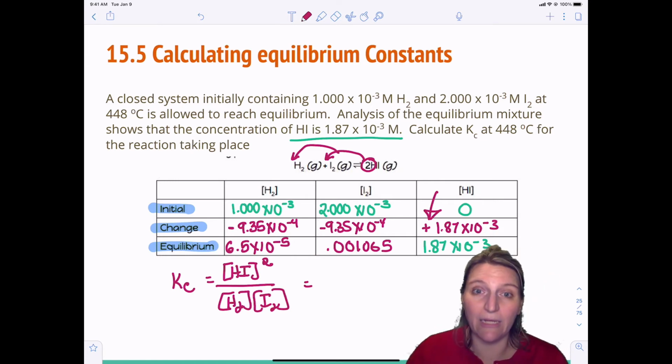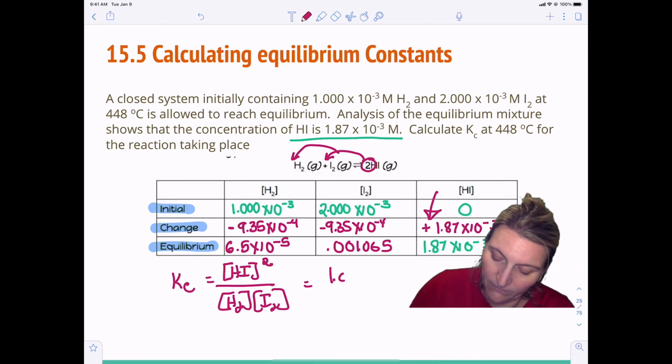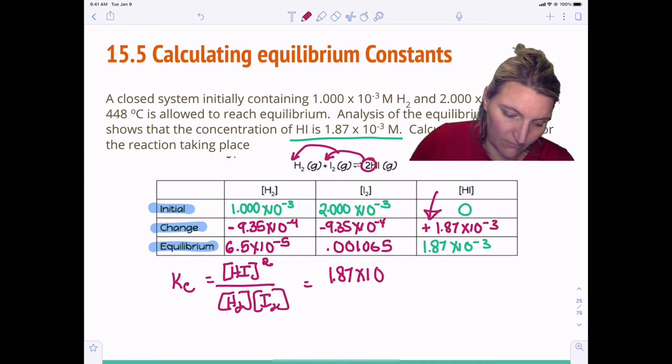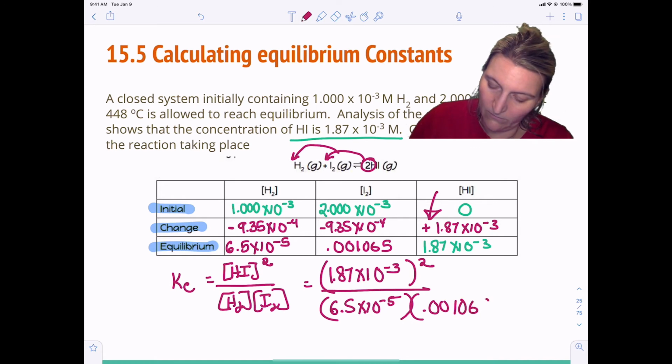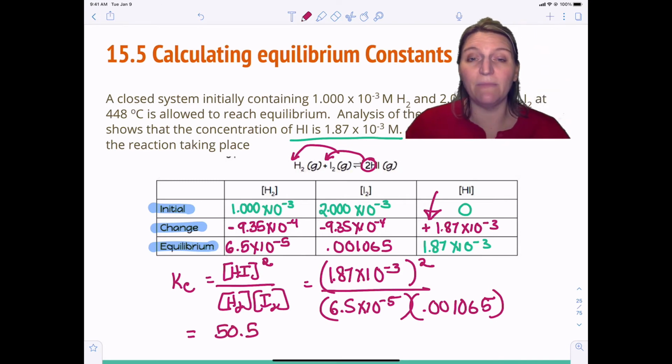And now plug in the numbers from the equilibrium row. And numerically that comes out to be 50.5.